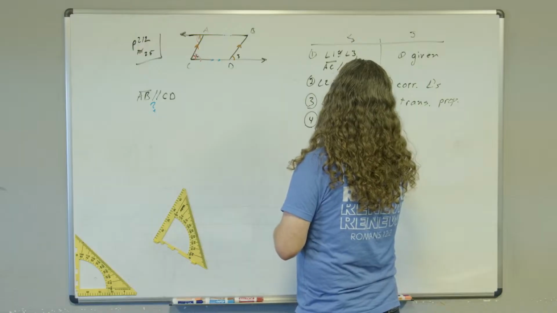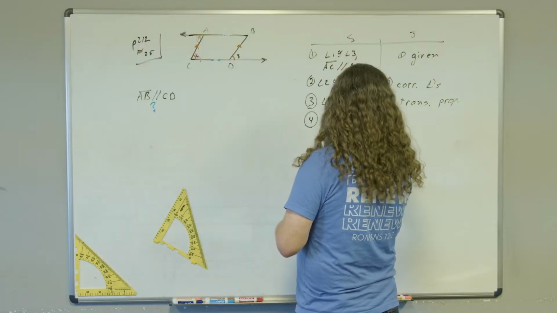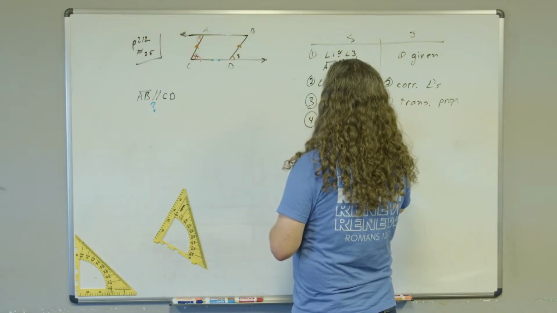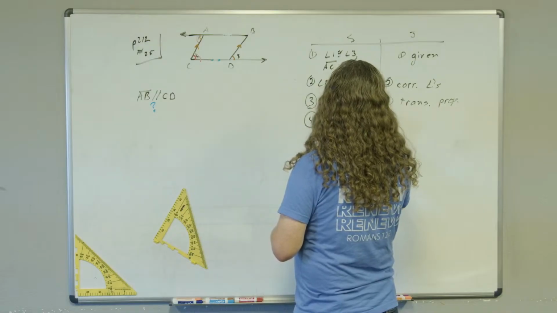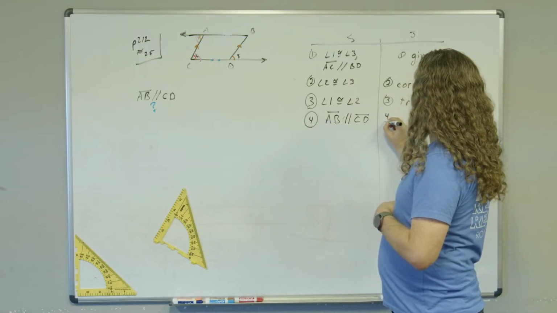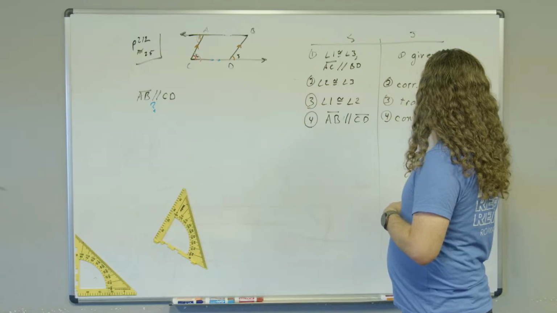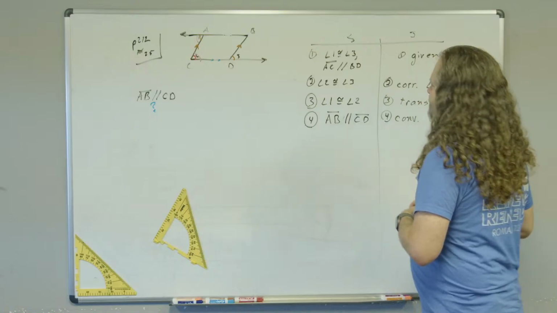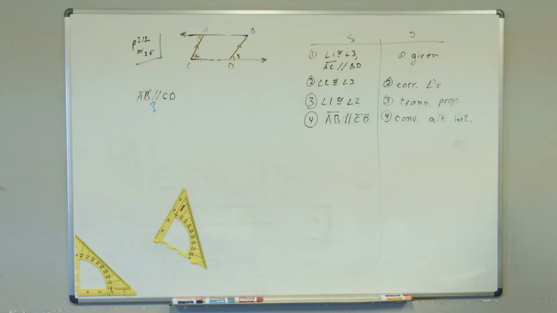Which ones? 1 and 2. What are 1 and 2? Because they're alternate interiors. So what did I say at the beginning? That would be the converse of alternate interior. So since the alternate interior angles are congruent, the lines are parallel. We finished. Easy peasy. Not so big a deal. Are there any questions about this proof?